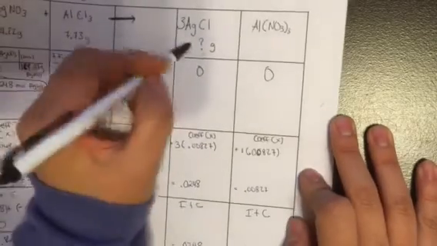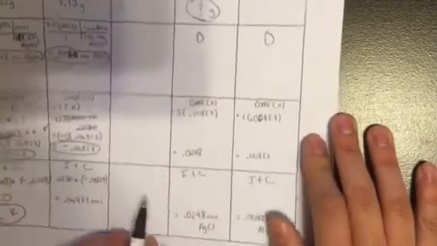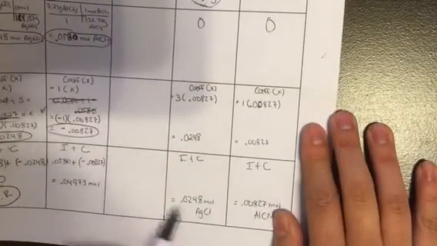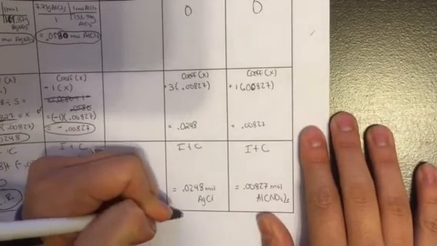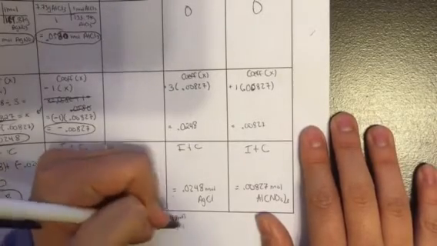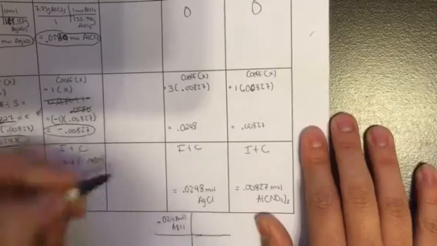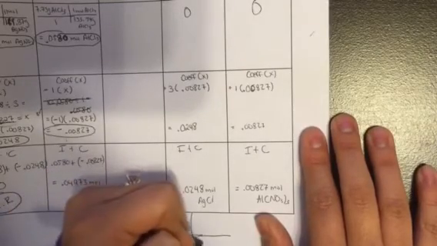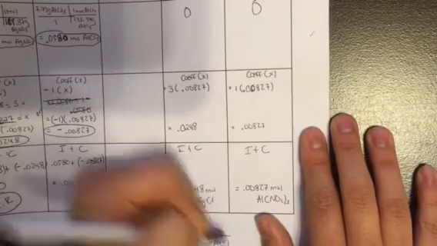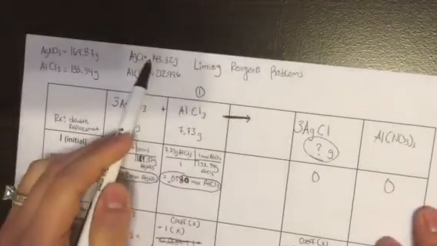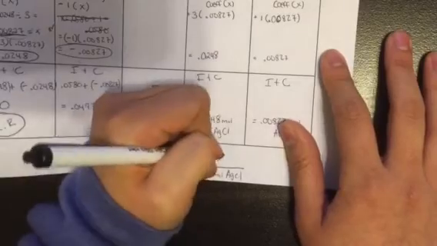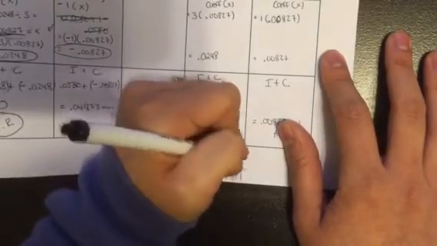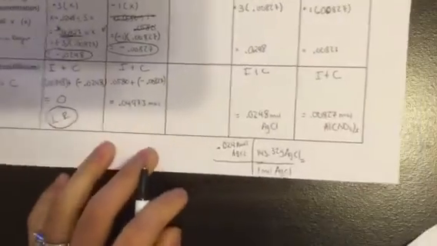Now the question asked you, how many grams of this would I have? I know that I have this many moles, so all I have to do here is that mole conversion. So moles of AgCl, then I say in 1 mole of silver chloride, I have 143.32 grams of silver chloride, which is the molar mass.